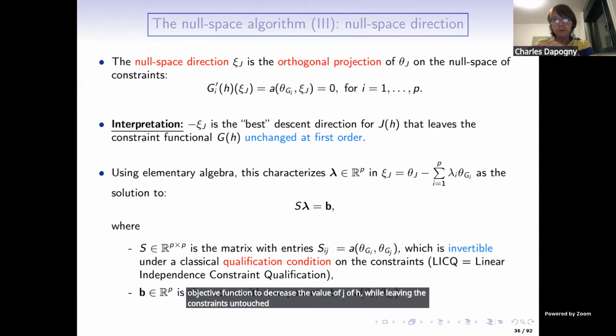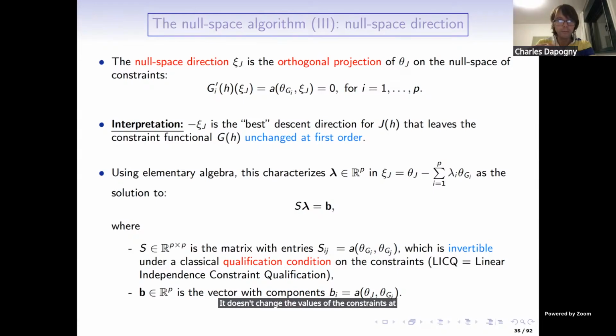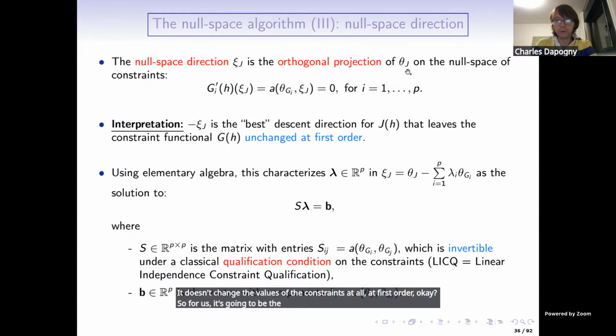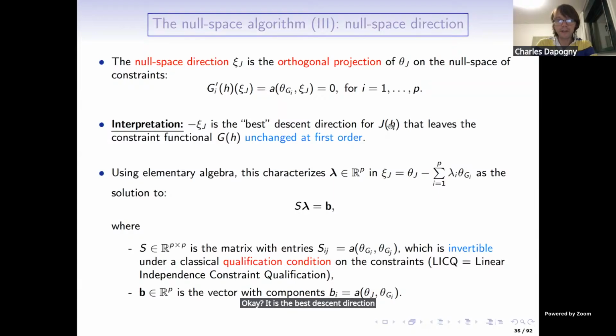It doesn't change the values of the constraints at first order. So for us, it's going to be the projection of the gradient of J on the null space of the constraints, on the space which is orthogonal to the gradients of the functionals g_i. It is the best descent direction for J(h) that leaves the constraints untouched at first order.